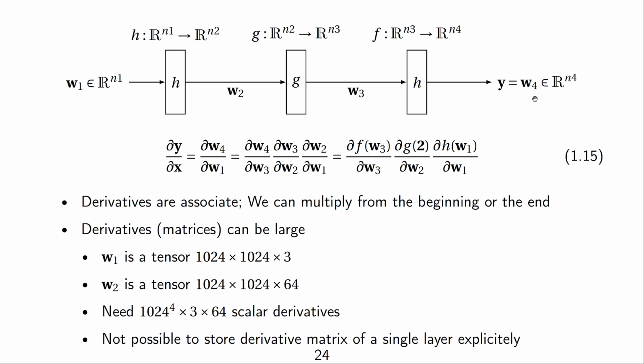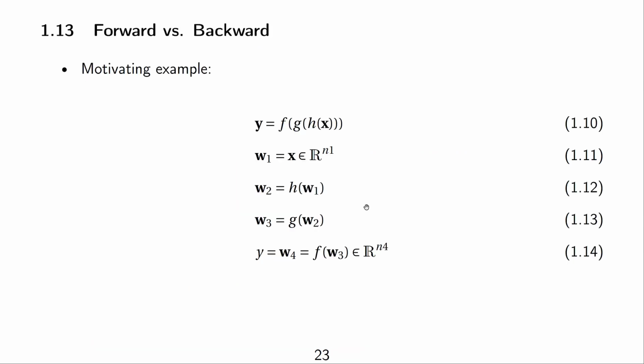So again, we'll use w4 interchangeably with y and w1 interchangeably with x. And if you just look at this here, then f was on the outside, so f was way to the left and h was to the right, if we wrote it out as a nested function.